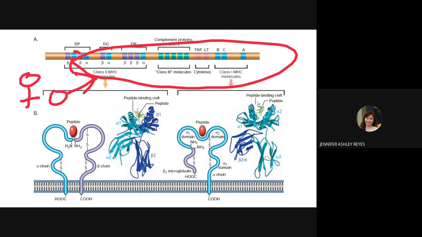It is believed that the polymorphism evolved so that at least some individuals in a species would be able to display any microbial peptide and provide protection against any infection.